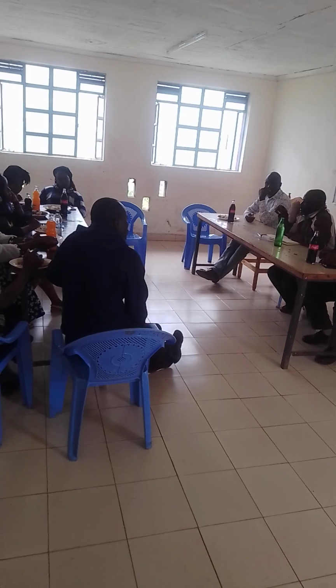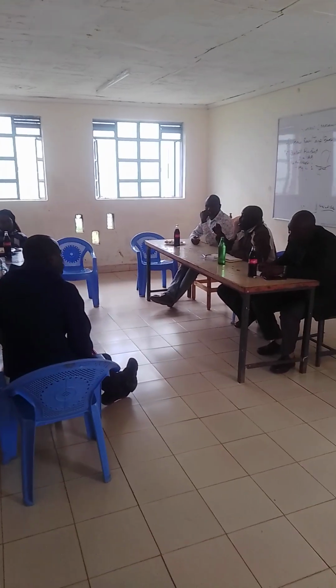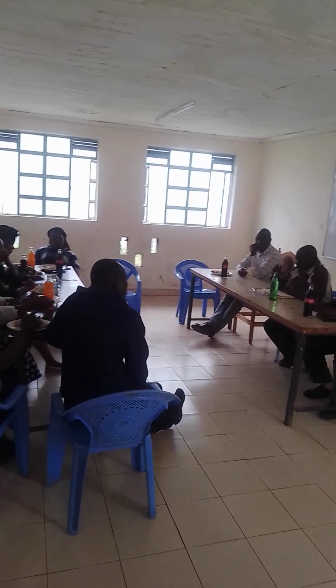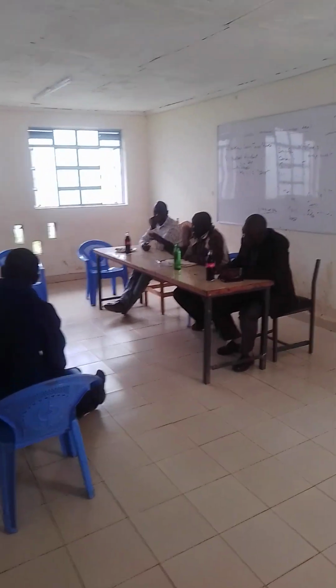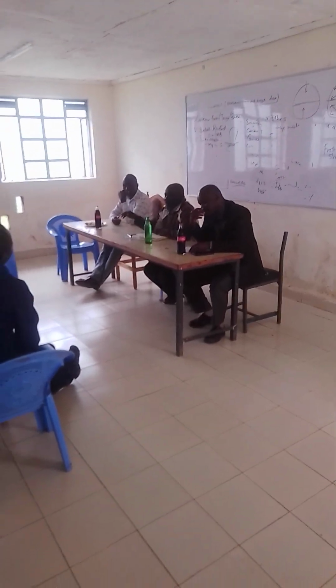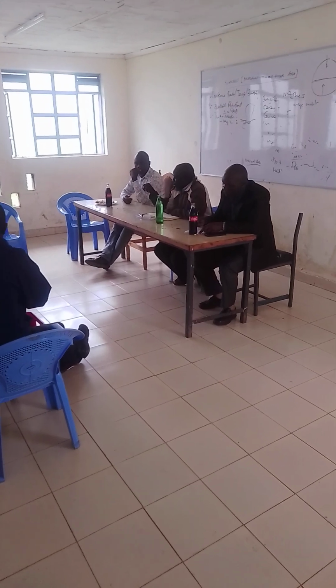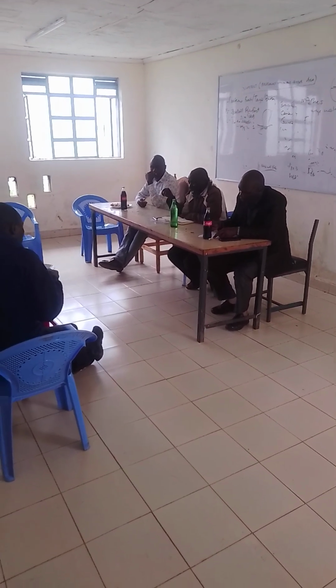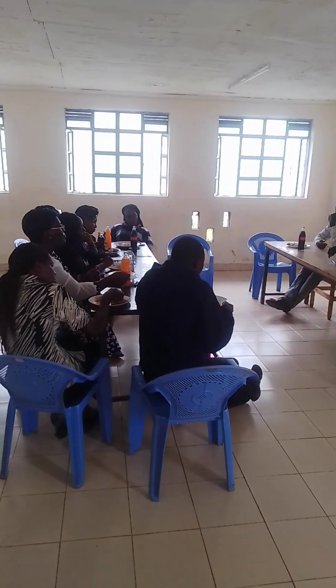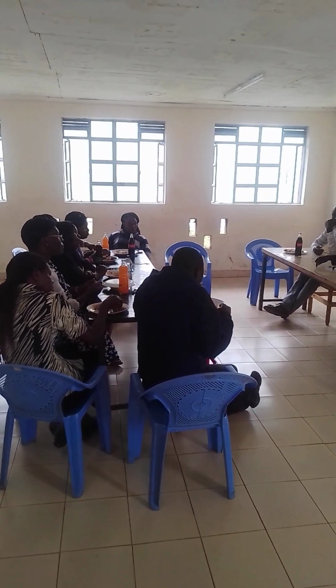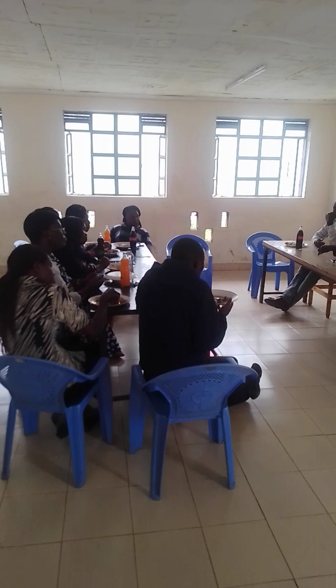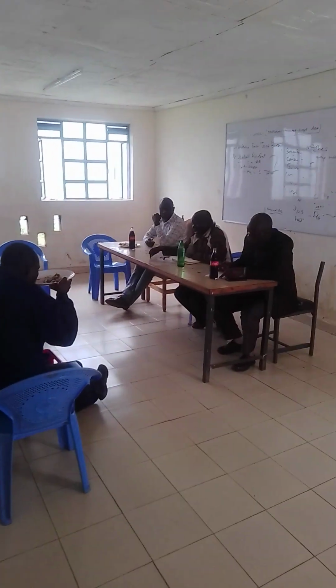You will notice, for example, that a field like law, and this is a strong area where every other student will want to go, the only minimum condition that you must meet, even if you have an A grade and you don't meet this condition, you don't get into law, is that you must have scored a minimum of B plain in either English or Kiswahili.